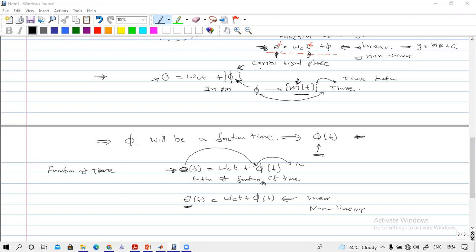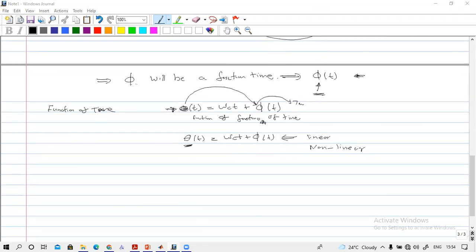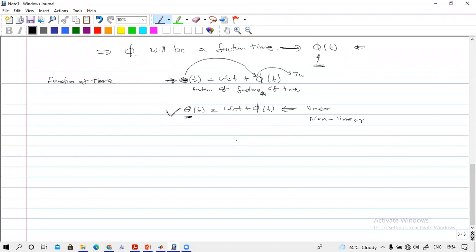Sorry, it is a non-linear function. So normally we call this non-linear. You can see that it also implies our modulation scheme is non-linear with time. Okay, we will move on.